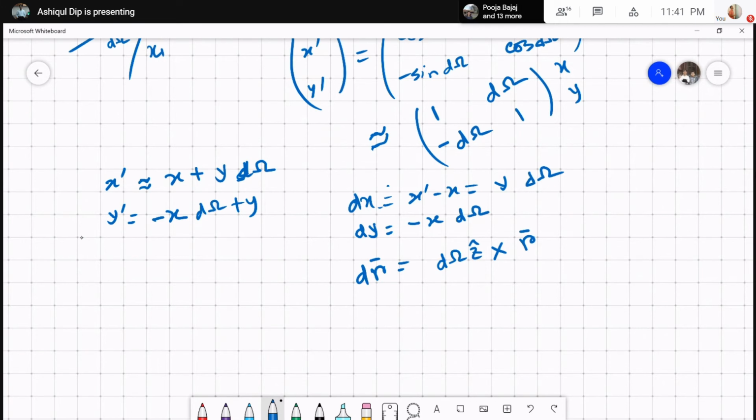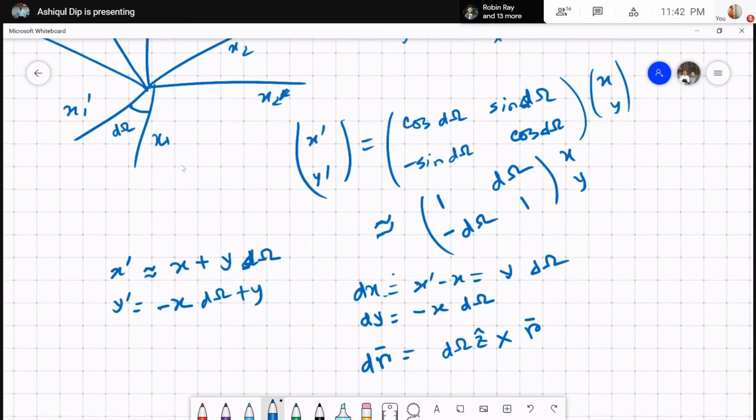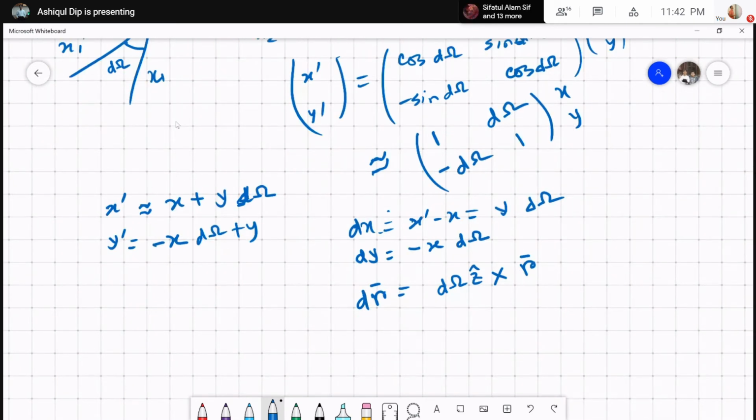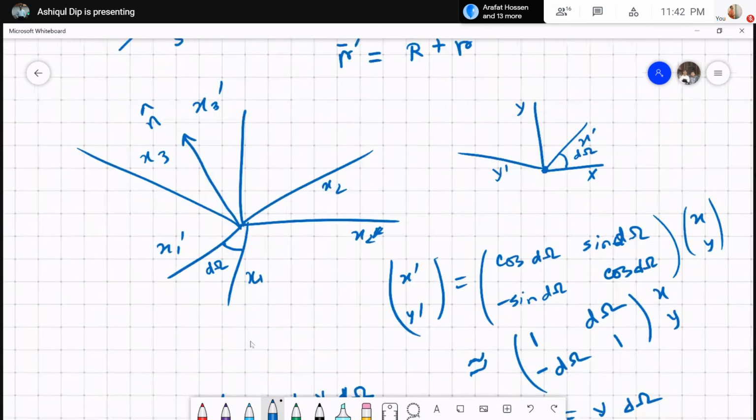So in 3 dimensions, in a more general setting, when we have an arbitrary direction n, this is the direction of our rotation, right? z hat was the direction of rotation, the way it was rotating. So we call it d omega vector cross r. So we generalize this idea into full 3 dimensions.